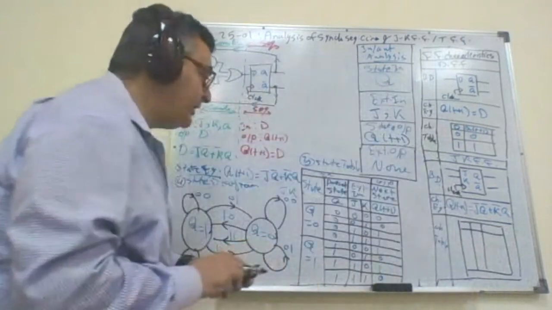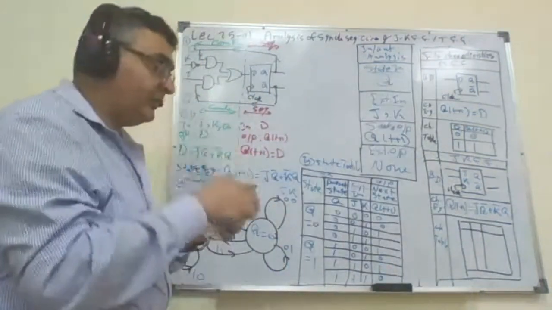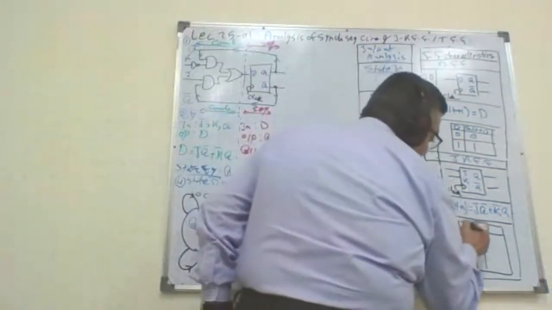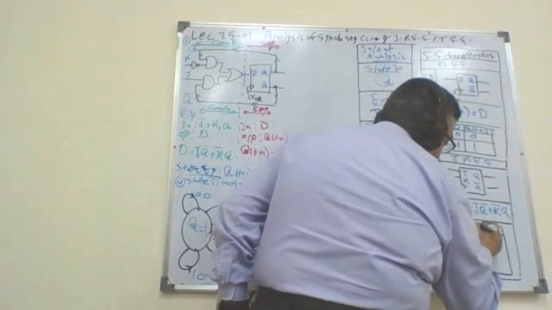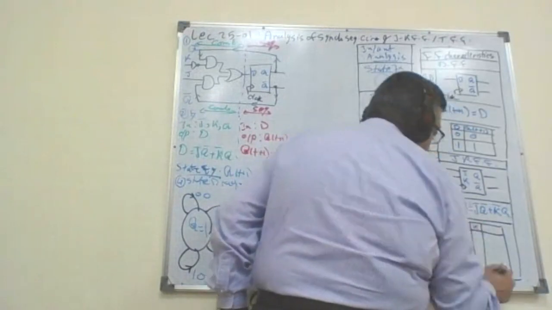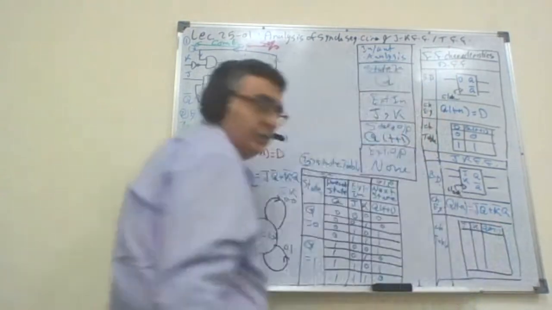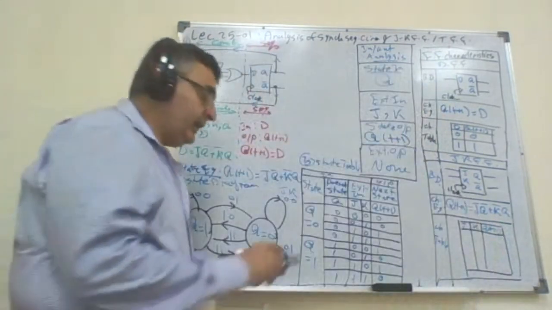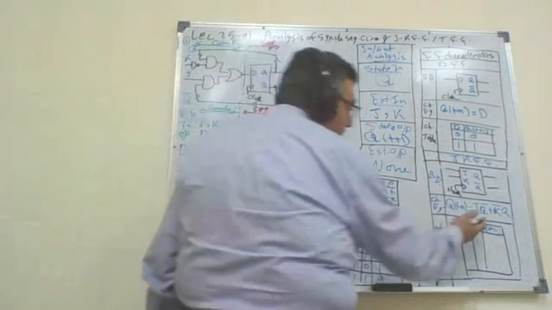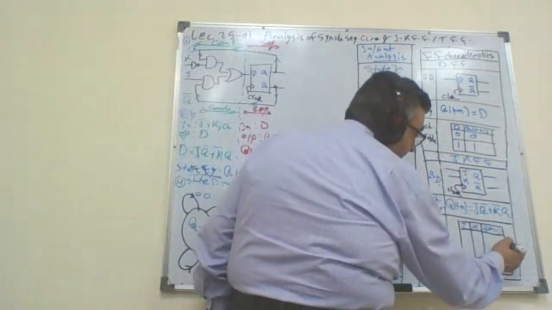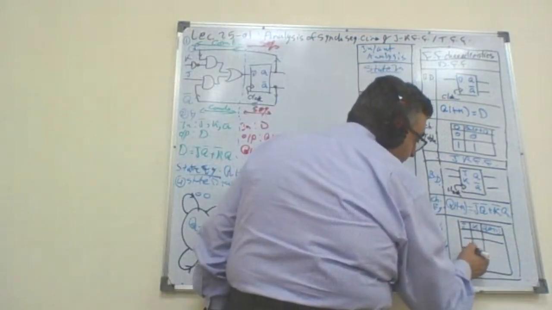We need to study this to derive the characteristic table for the JK, with Q of T plus 1. Now, how many rows? I have 4 options for the JK, correct?